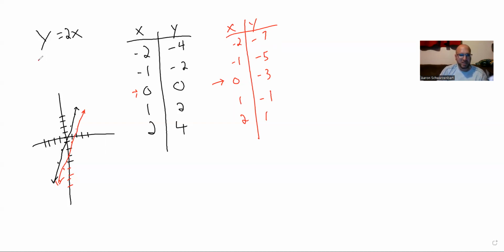So my line becomes y equals 2x minus 3. So in slope-intercept form, all that changed when I shifted was my y-intercept.